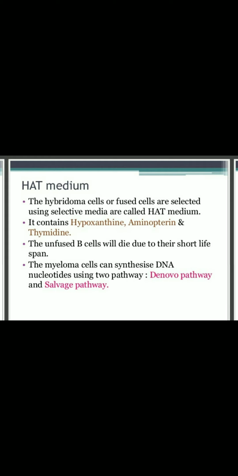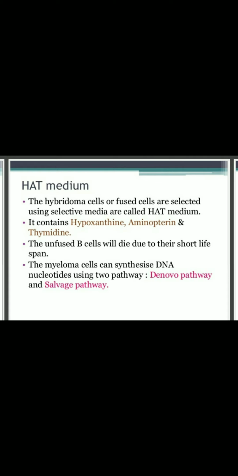The HAT medium is a combination of hypoxanthine, aminopterin and thymidine. The hybridoma or fused cells are selected using this selective medium called HAT medium, which contains these three components.